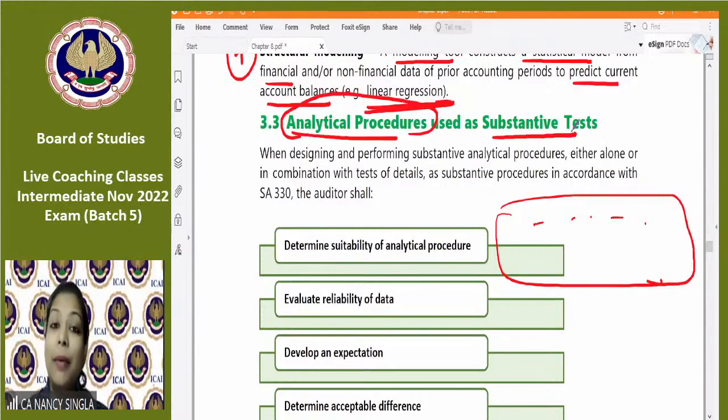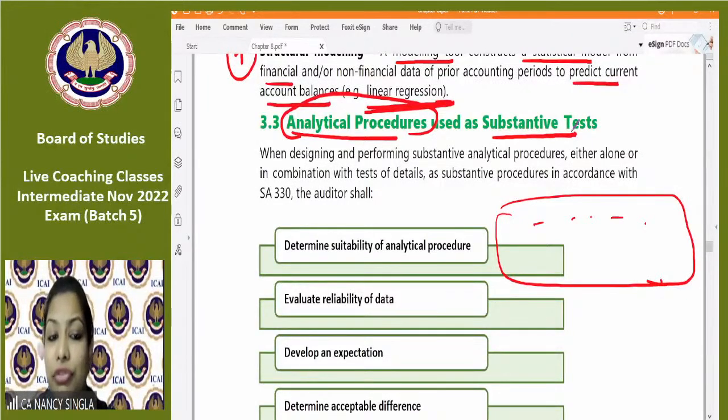Now these 4 techniques, here also the auditor will have to see which technique to follow, which analytical procedure to apply. So this is the topic that here the auditor has decided that he is applying analytical procedure.